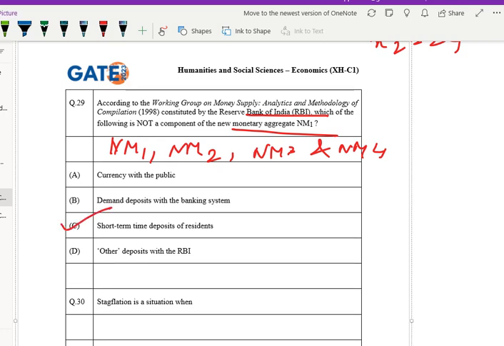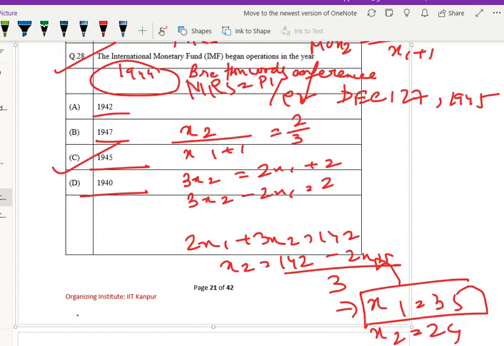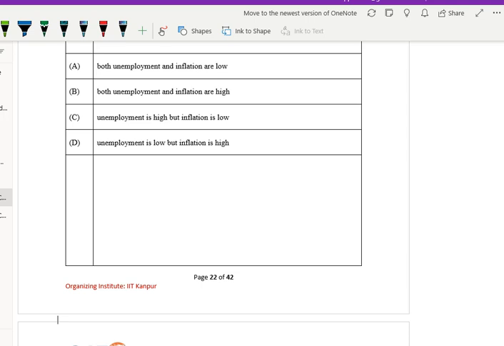Now what is stagflation? Which one is termed as stagflation?